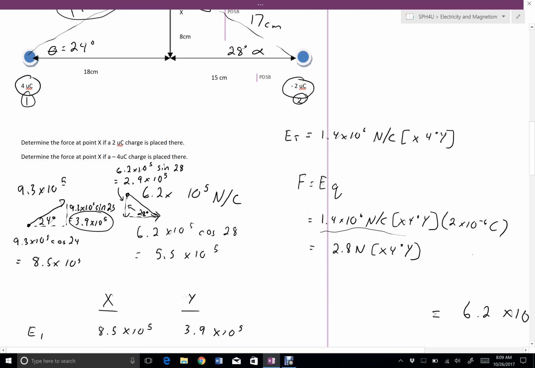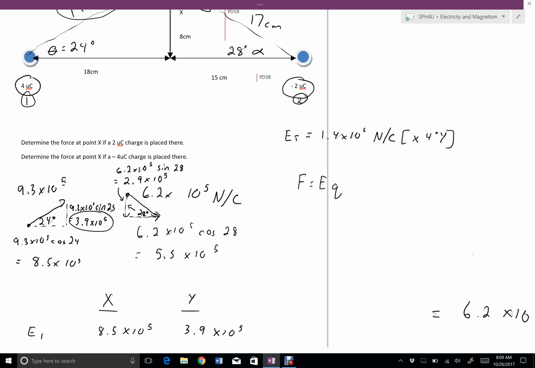Let's see what happens with this equation when instead of putting in a positive value, we put in a negative value. Our electric field was designed for a positive charge, so a positive charge would be directed along x, 4 degrees, y. Let's see what happens if we put in this negative 4 microcoulomb charge.